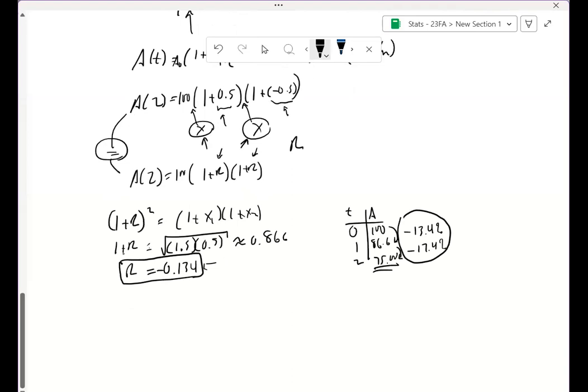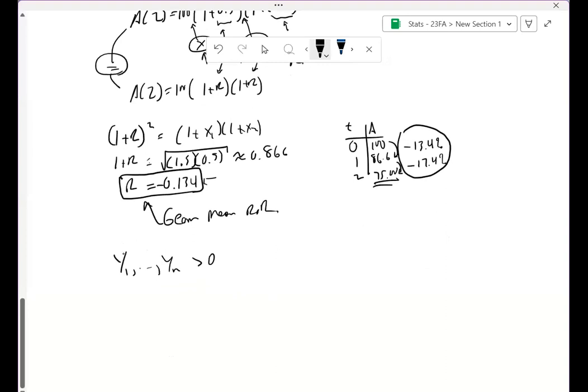So this is what we call the geometric mean rate of return. And for a general data set, y1 through yn, that are all positive numbers, the geometric mean is the product of all of those data points to the 1 over n power, the nth root.